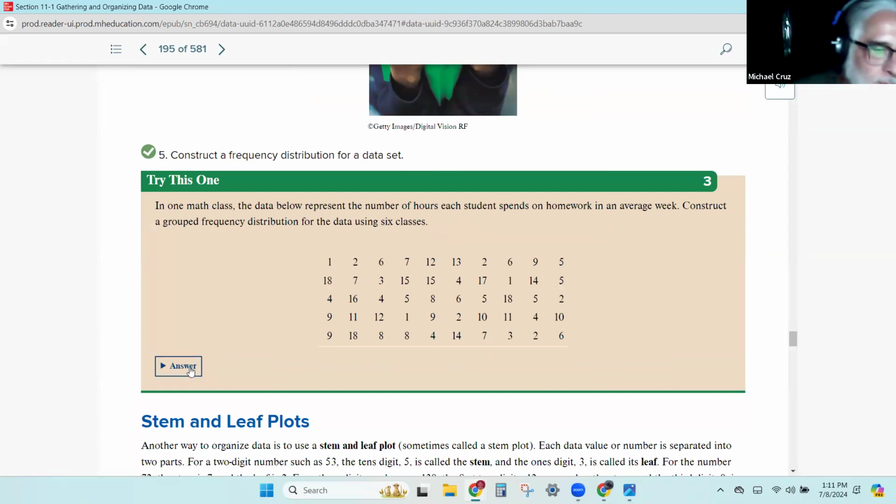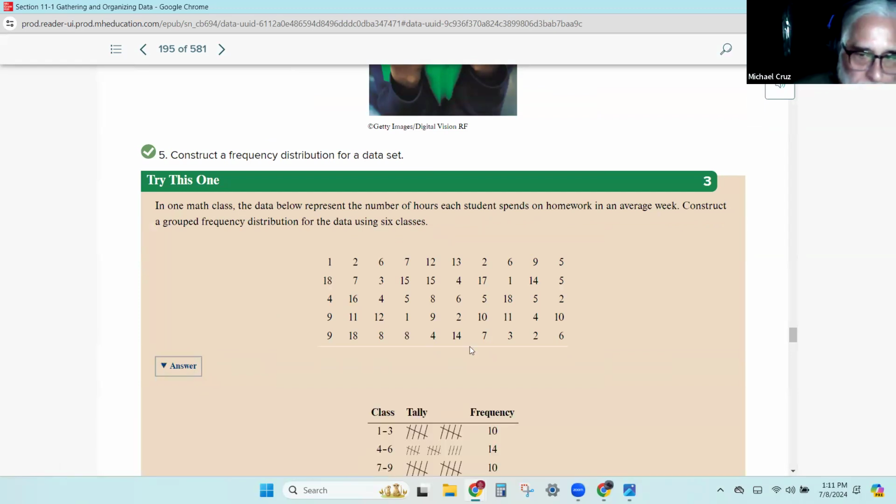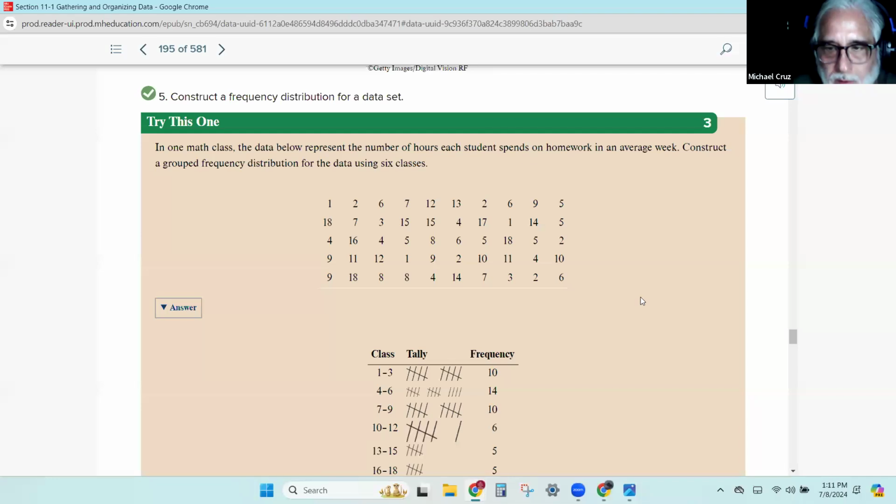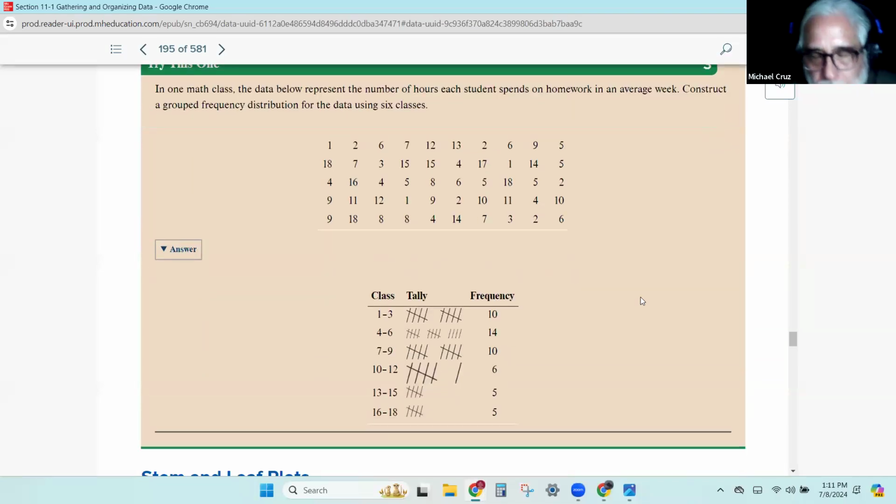So let me just go through this with you about what I was trying to do on that second frequency distribution. This is the kind of thing that I was showing you. The tally is not part of the frequency distribution, but it's a good way to do it because you have to account for every piece, and as you go through, you can do that by just keeping track.